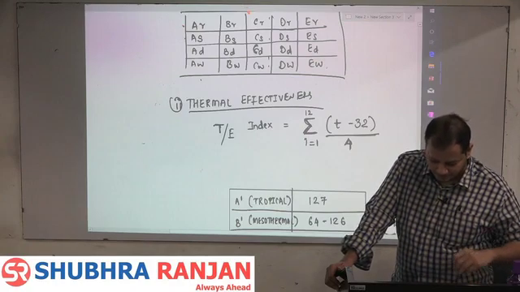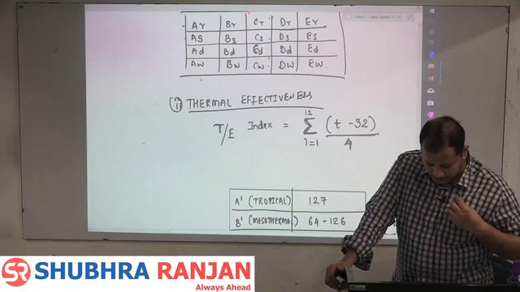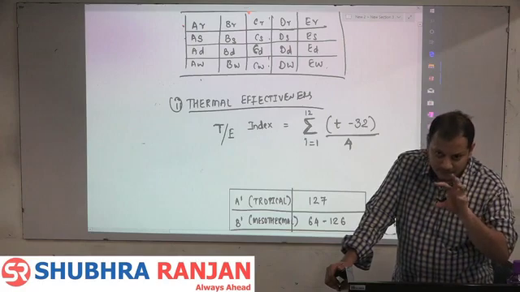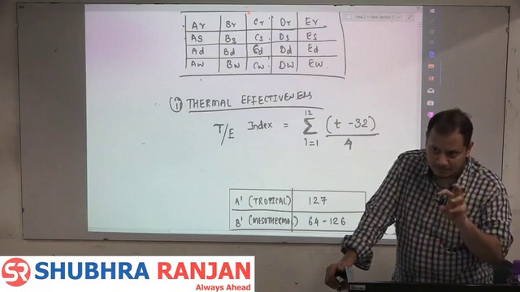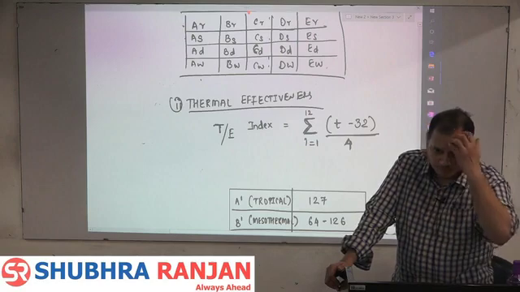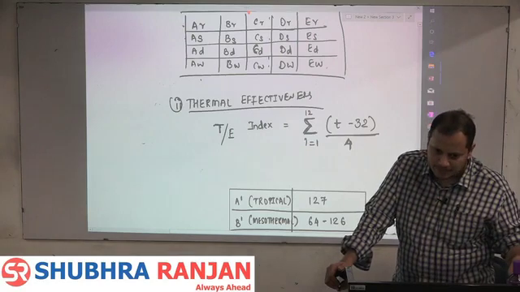Limitations. Similar to Köppen, it is empirical. I am deliberately giving similar divisions so that if it comes in the exam, you should know similarities and differences. Fine. Similar to Köppen, it is empirical.